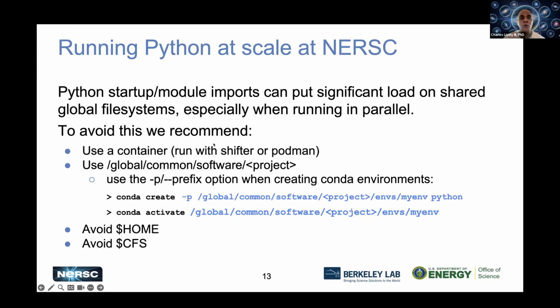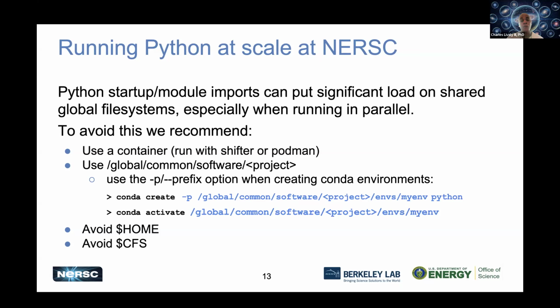Okay. And so running Python at scale at NERSC is pretty simple to do. We have our various modules and imports that you're able to make use of for our shared file systems. Whenever you're running Python in parallel, what we always recommend is that you use a container to cut back on any load on the file system.